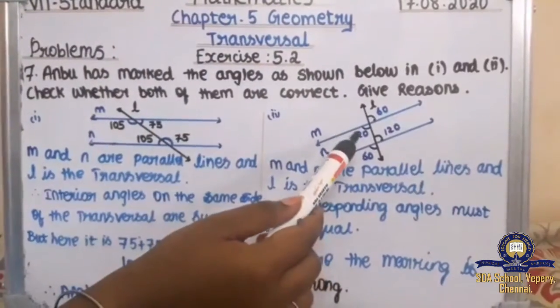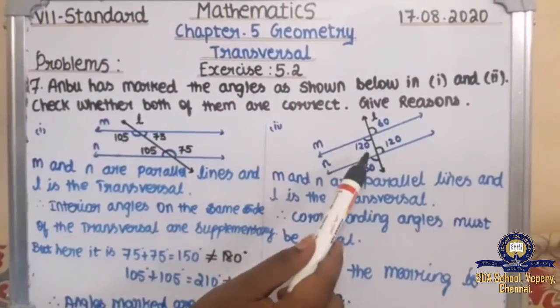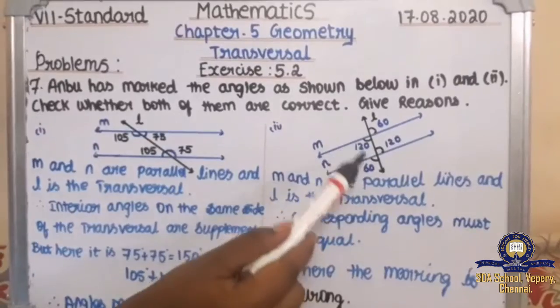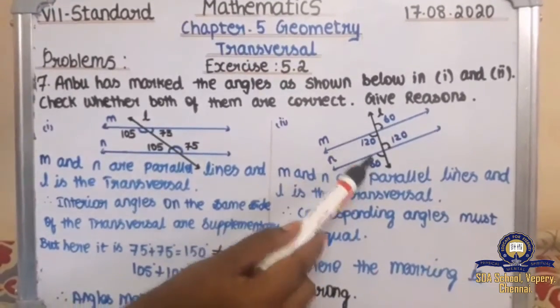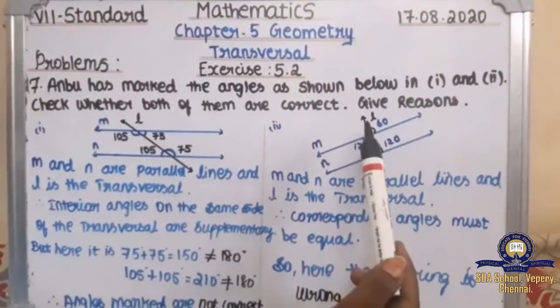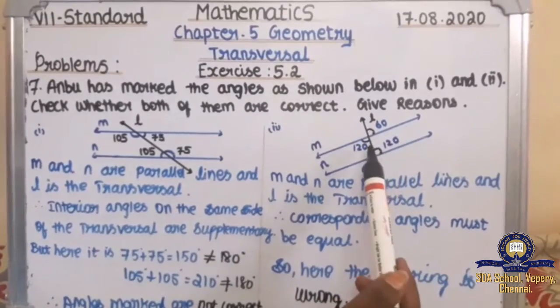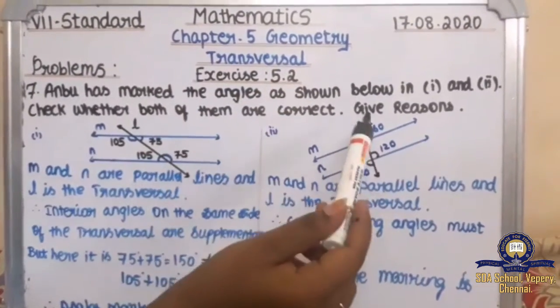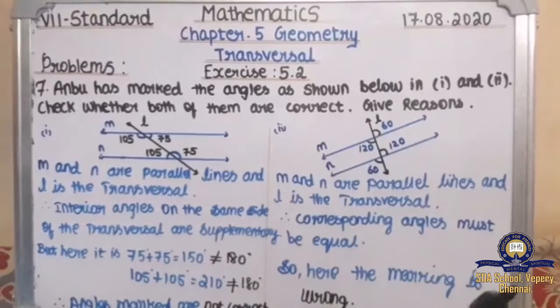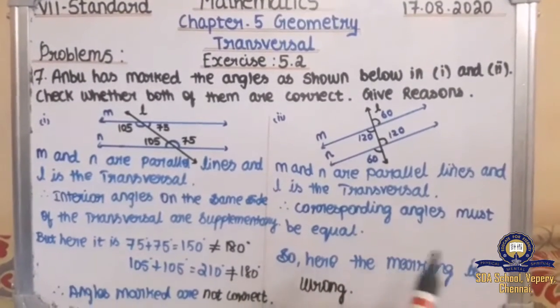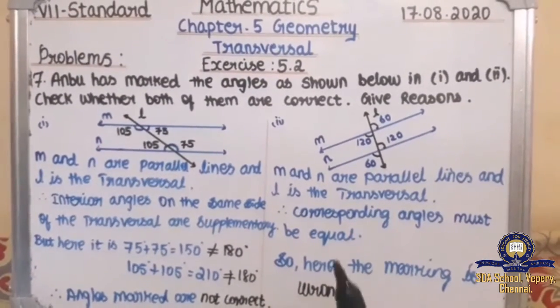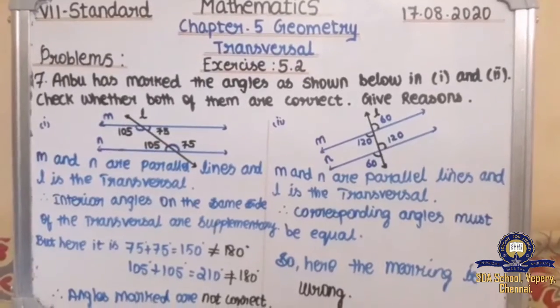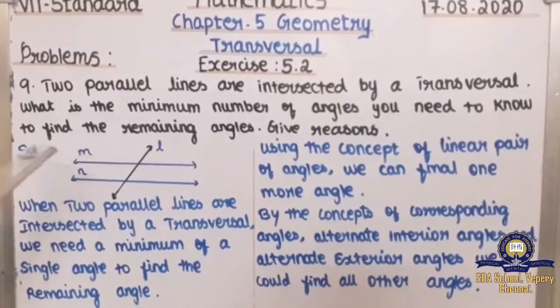Here 120 degrees in the inner side and 60 is in the outer side. Both angles are different, so it is not equal. And here 60 is in the outer and 120 degrees in the inner, and both the angles are not equal. Therefore, here we can say the marking is wrong. Now we understand, students?